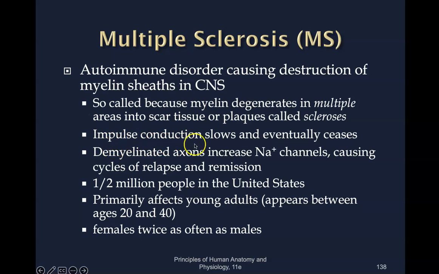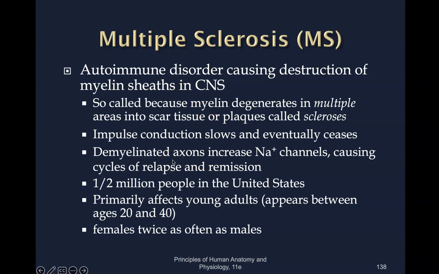Obviously, this slows down the impulse conduction, because if you don't have the myelin sheath around those axons, remember that impulse conduction is slower. And so a lot of times patients who are having an active attack, if it affects motor function to a certain area, are not able to move that area as well. They have a decreased ability to walk.